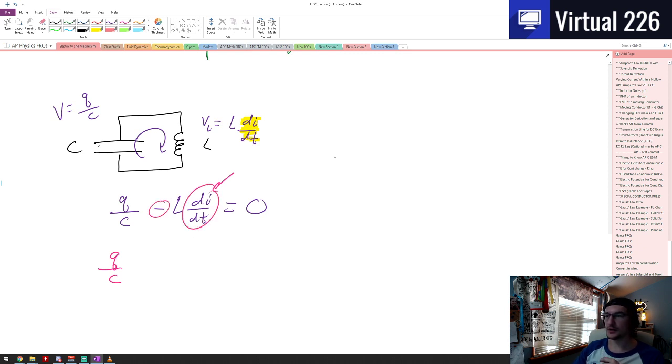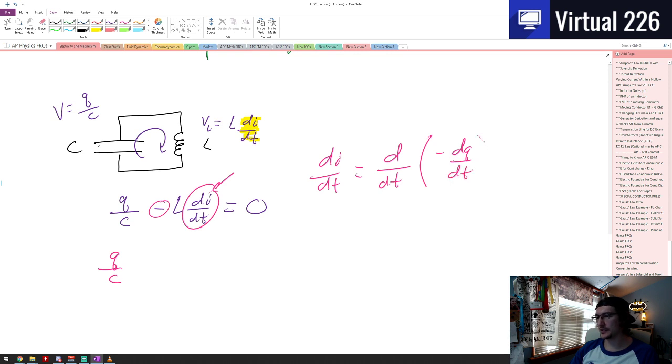Let's get rid of the L, because we don't need that. We see that because we can say di dt is equal to the derivative with respect to time of negative dq dt. It's the amount of charge we are losing in this capacitor as it's moving through.